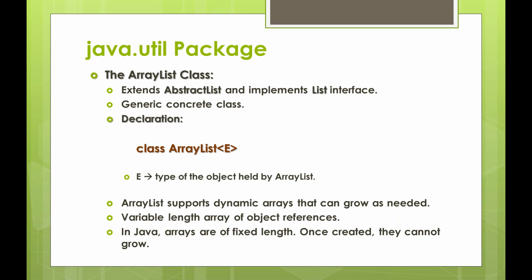Even though it starts with a certain size, when you start approaching the size of the array, it grows automatically. And when you remove some objects from the ArrayList, you can shrink it to the number of objects that are there in the ArrayList.